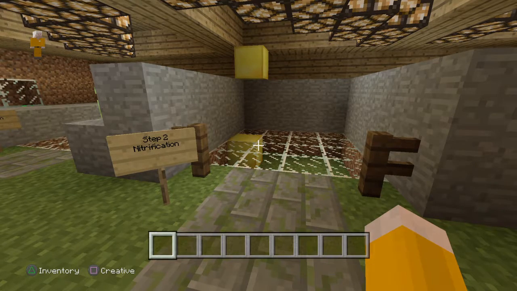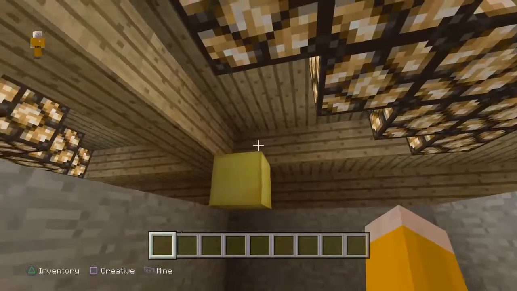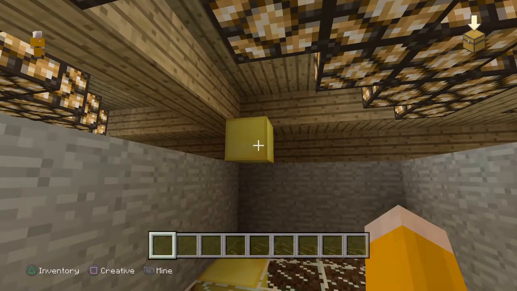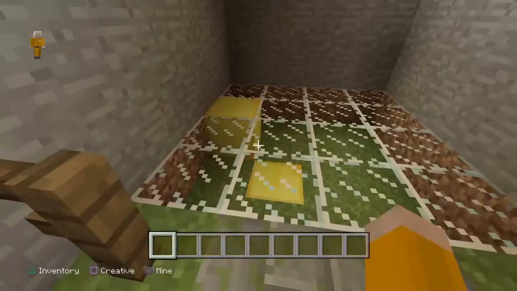Nitrification is an important step in soil for the nitrogen cycle. This is an aerobic process by small groups of trophic bacteria and archaea. And then as we see here, we have the ammonia going into the ground to have nitrification done to it.